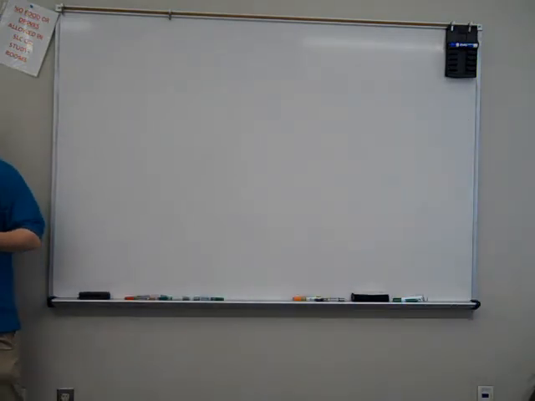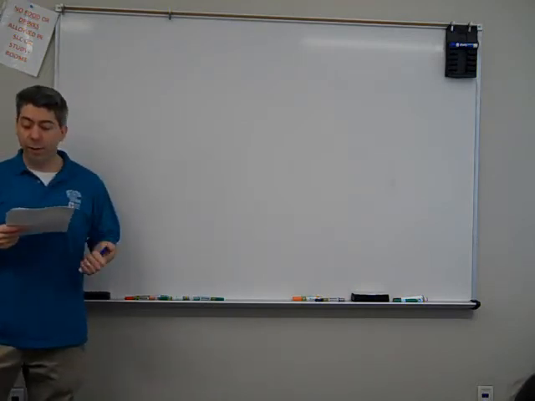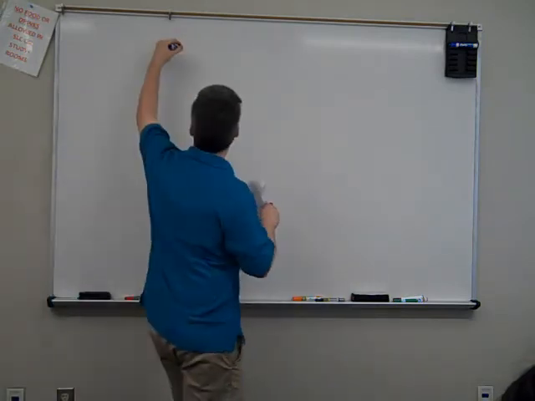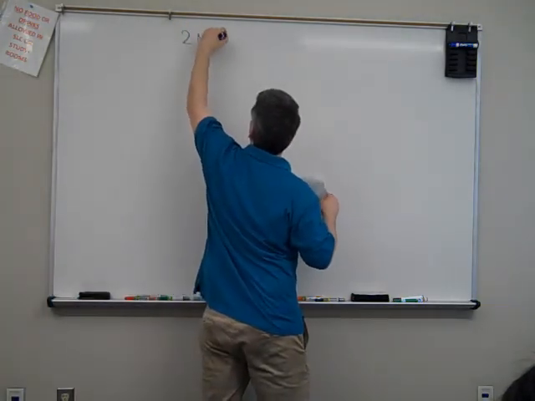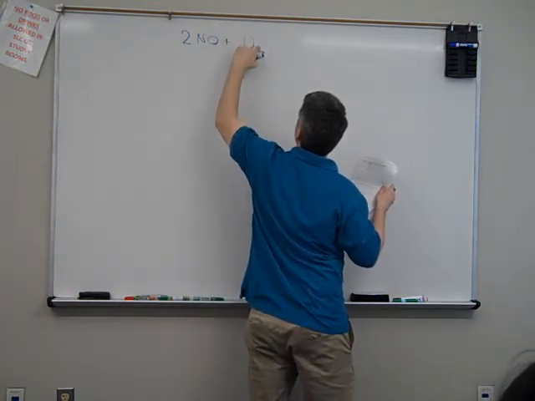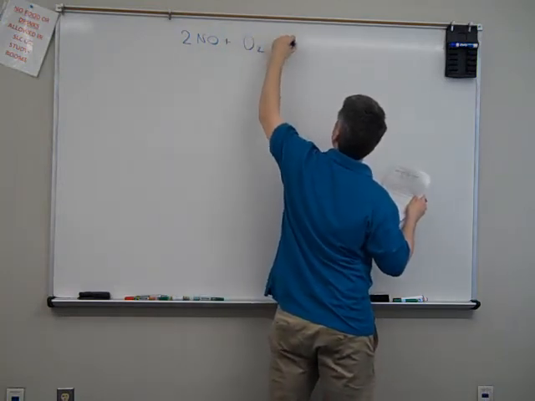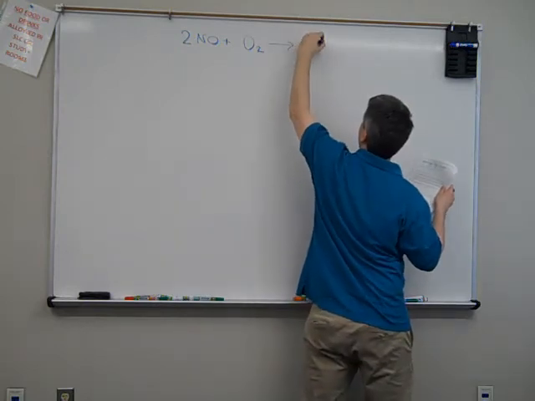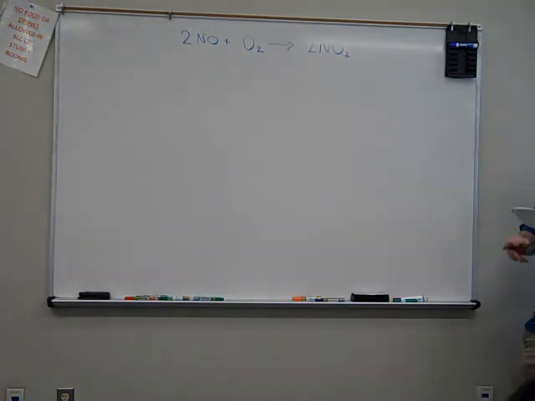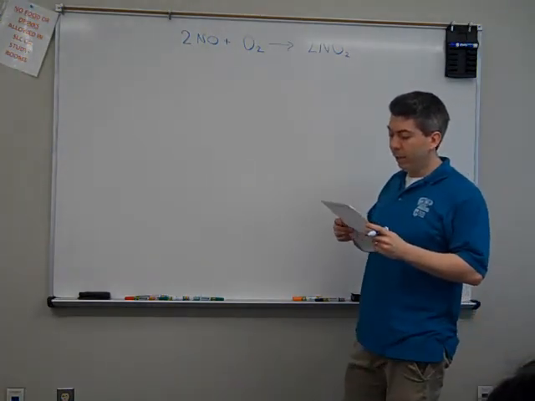Alright, this following set of rate data was collected for the reaction of nitrogen monoxide with oxygen in the following equation. 2NO plus O2 goes to form 2NO2. Okay. So it says, what is the rate law for this reaction?